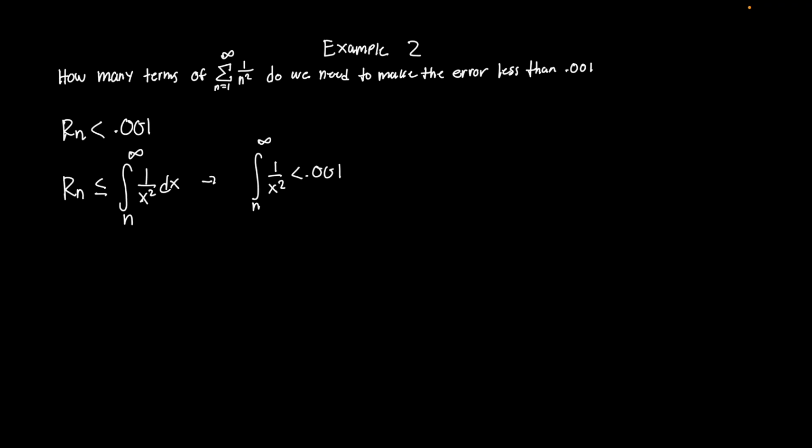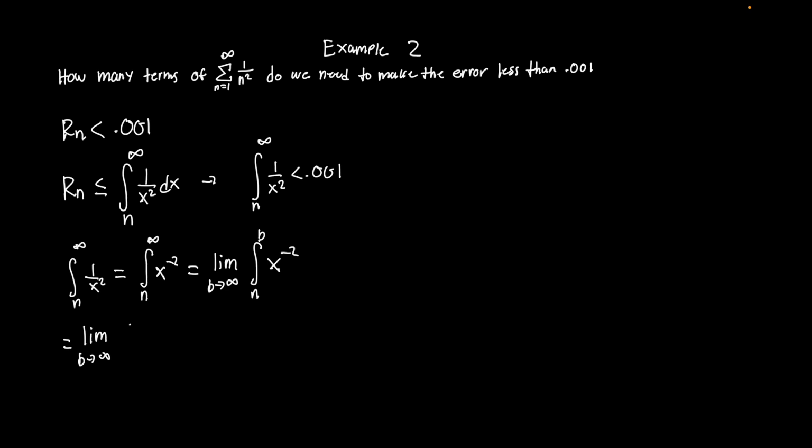So we compute the integral. Let's do this on the side really quick. From infinity to n, 1 over x squared, versus just x to the negative 2. We have to rewrite this in limit notation since it's improper. We did this integral like two times already. So this is just going to be equal to the limit as b approaches infinity of negative 1 over x from b to n.